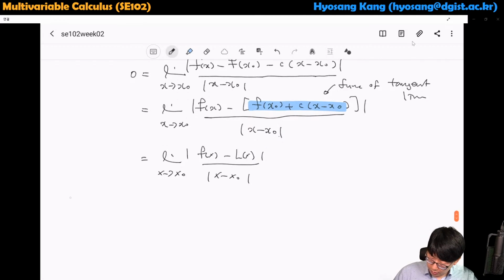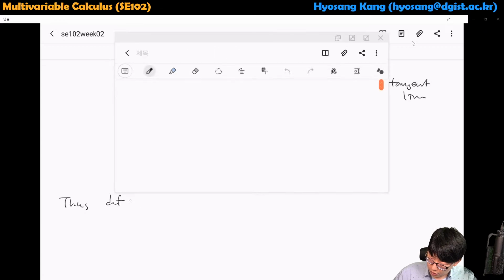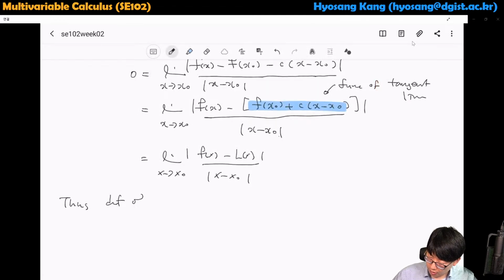So that's our definition of differentiability of two variable function.